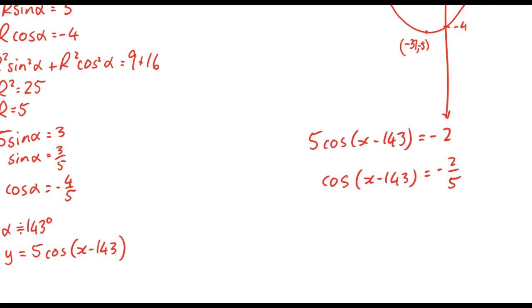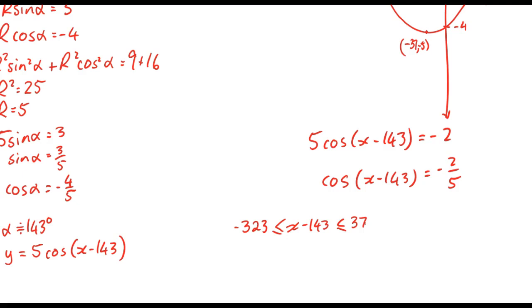We're after from negative 180 to 180, but I've got an x minus 143 here, so x minus 143 is going to be between 180 minus 143. What's 180 minus 143? Negative 323. On that end, and on this end, it's going to only go up to 37. Right. So, x minus 143. I've got to find these solutions in here.